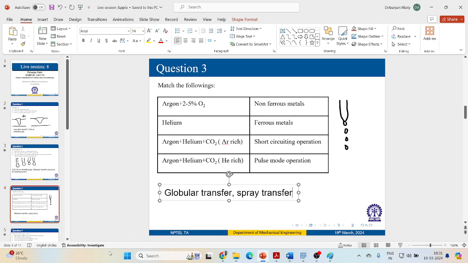I have already covered this, but still I am discussing these parts because this is an important aspect in your gas metal arc welding, right? So short circuiting transfer.